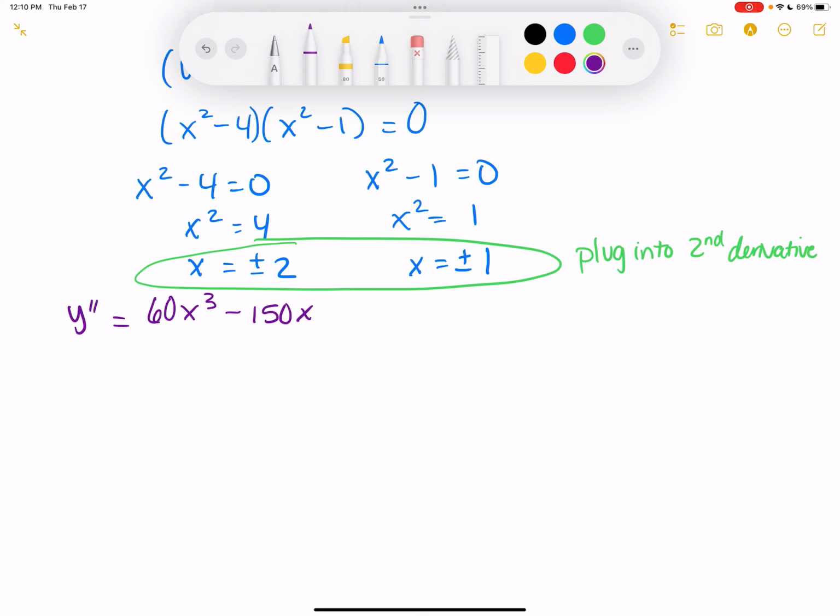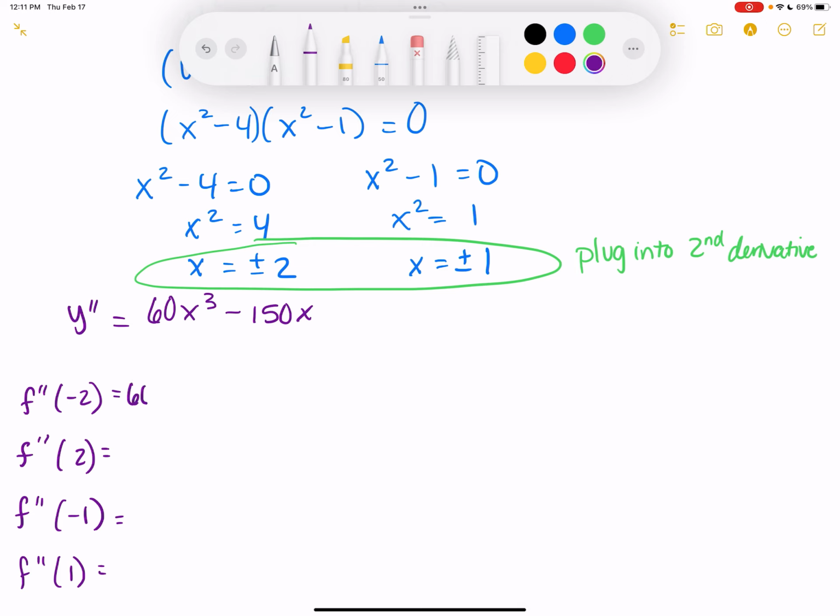So I'm going to evaluate this function at each of these four values. So I can actually go ahead and set them all up. So f double prime of -2, f double prime of 2, f double prime of -1, and then f double prime of 1. So then I'm going to plug in these values.